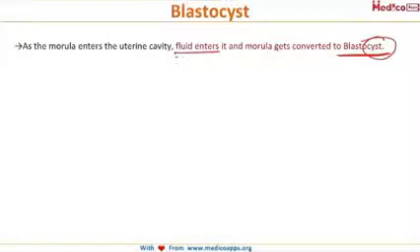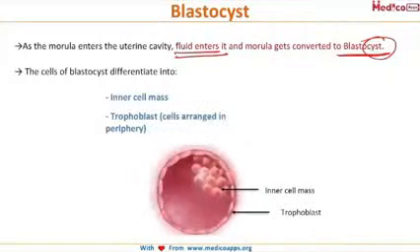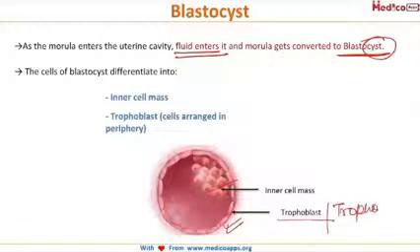Cyst because when fluid enters, it becomes a cyst. Now the cells of the blastocyst differentiate into the inner cell mass and the peripherally arranged cells, which are called trophoblast or trophoectoderm, one and the same thing. Now it is this blastocyst which gets implanted. So we'll continue with blastocyst implantation.